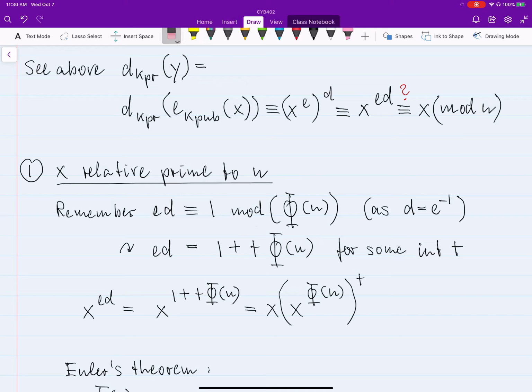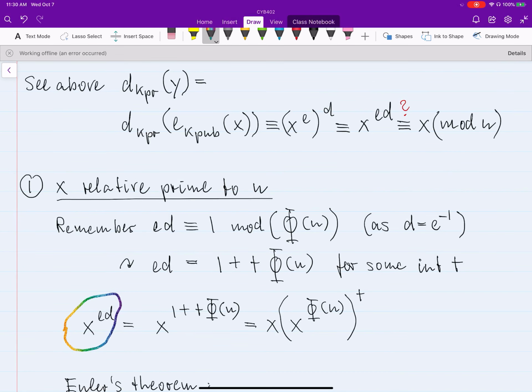So once we have that, we can rewrite. Remember, we are interested in the expression x to the power of ed. So if we put x underneath here as the base, this is what we get. So we can raise x to the components that we have here, which results in this expression.